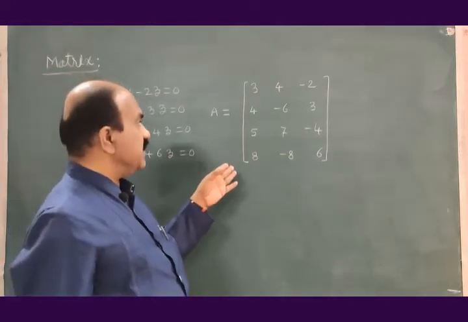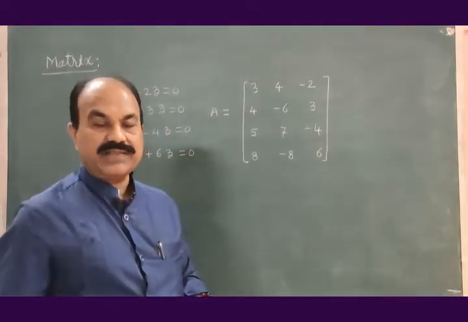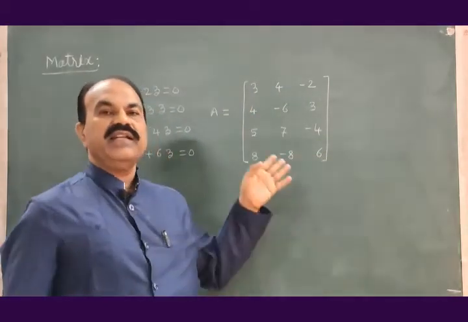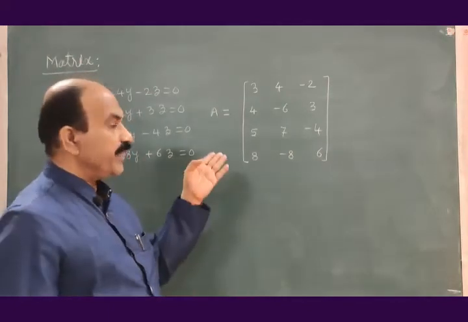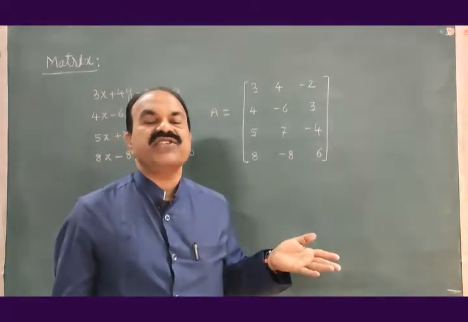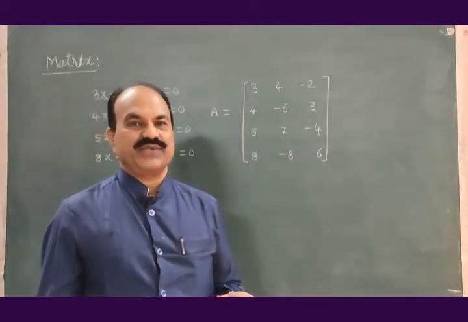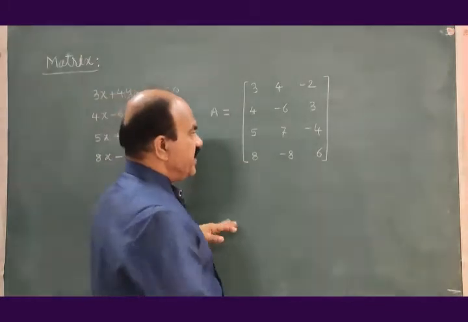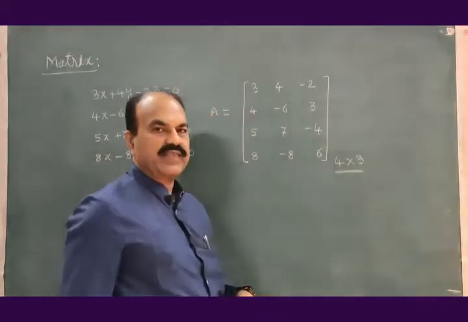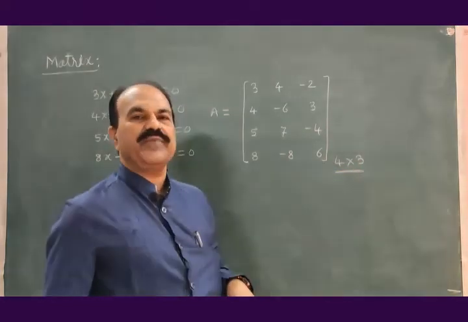This matrix has how many rows? 1, 2, 3, 4. This matrix has 4 rows. Columns 1, 2, 3. It has 3 columns. So, it is a two-dimensional array with 4 rows and 3 columns. The order of this matrix is written as 4 into 3.